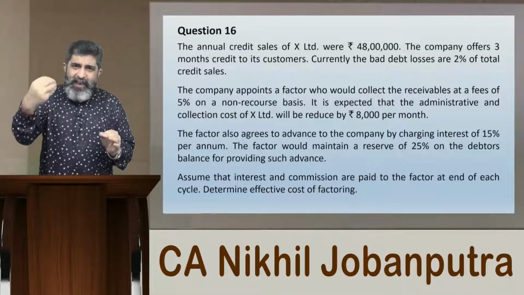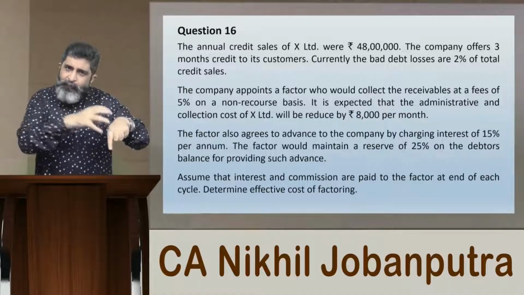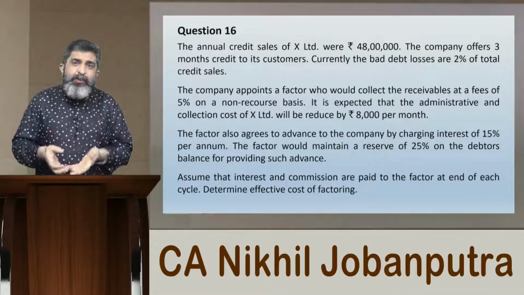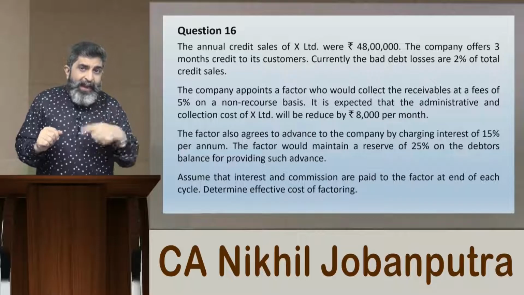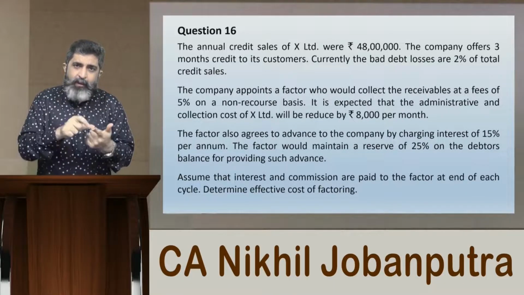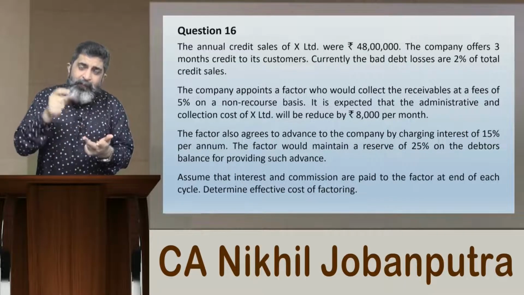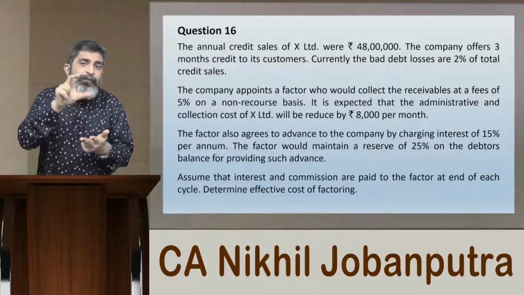So I have made a sale of 12 lakhs, asked my factor to go and collect that 12 lakhs. The factor already paid me 9 lakhs as advance. So now the factor has yet to pay another 3 lakhs. But what will happen by end of the cycle? The factor will deduct 2 things. Number 1, the factor will deduct his fees, and the factor will deduct interest on that advance out of that 3 lakhs.